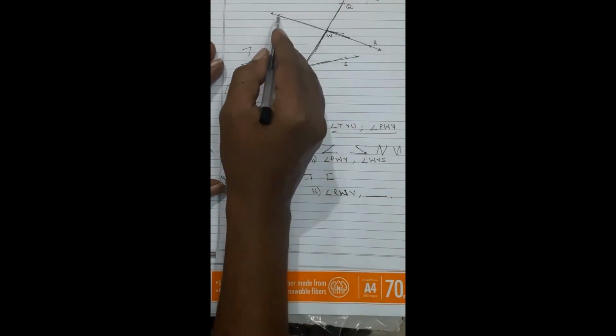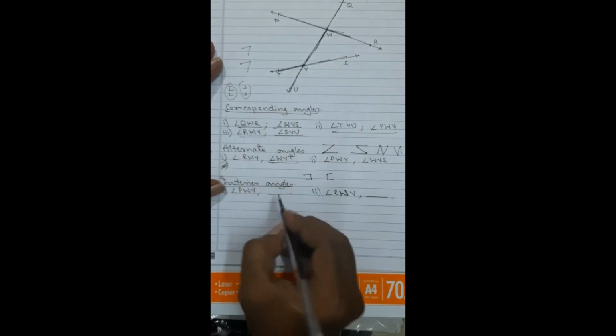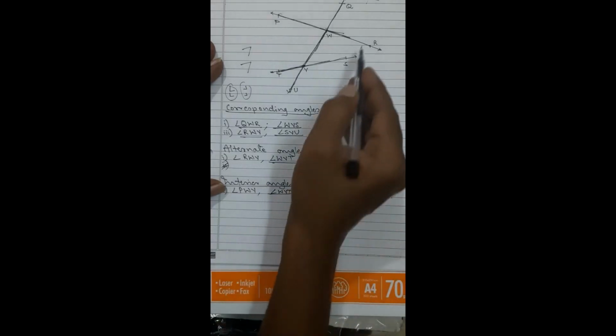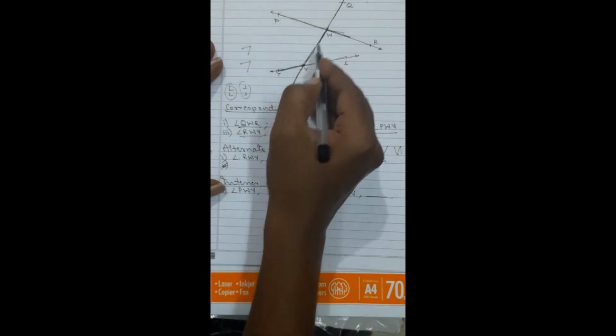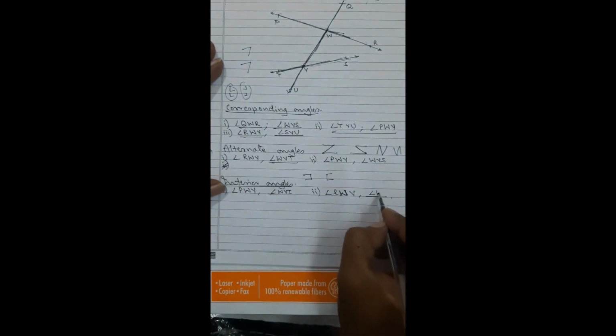For angle PWV, again I will have to go to WV, and then to make a C I will have to go to angle WVT. Angle RWV, I will have to go to angle WVS. This will be a C. So this is how, and most of you students have understood this.